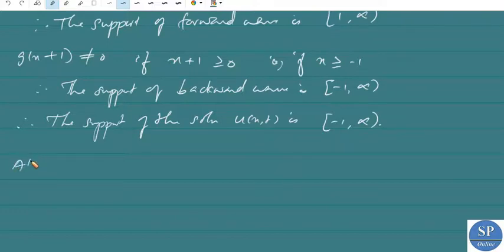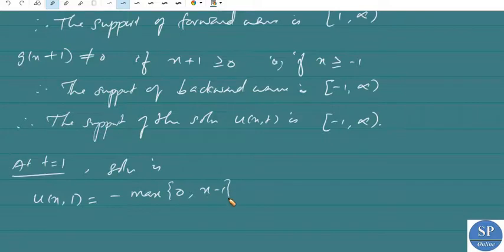Now at time t equal to 1, the solution is given by u of x, t, that is u of x, 1, is nothing but minus maximum of 0 comma x minus t, so x minus 1, divided by 2, plus maximum of 0 comma x plus t, that is x plus 1, divided by 2.